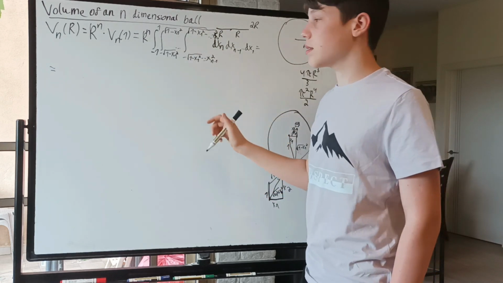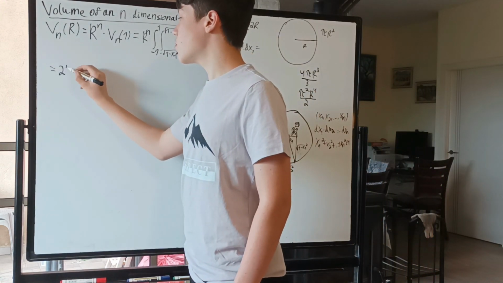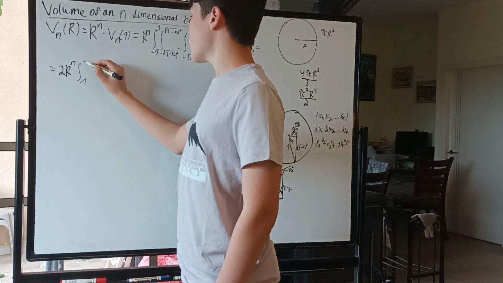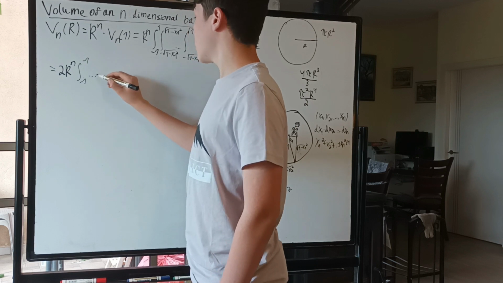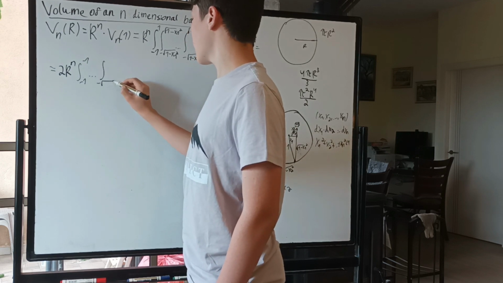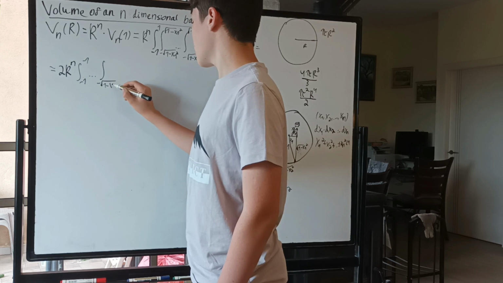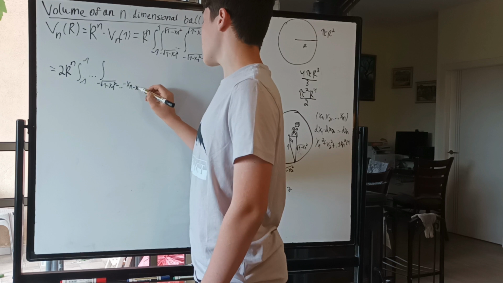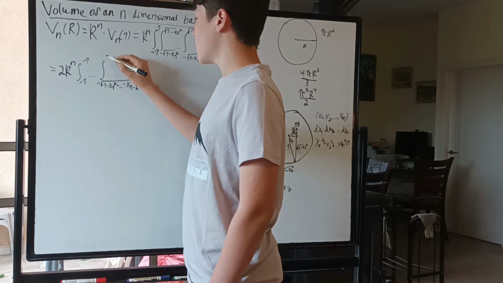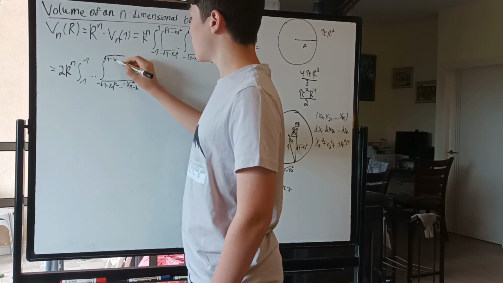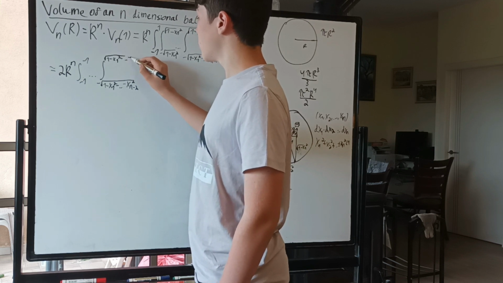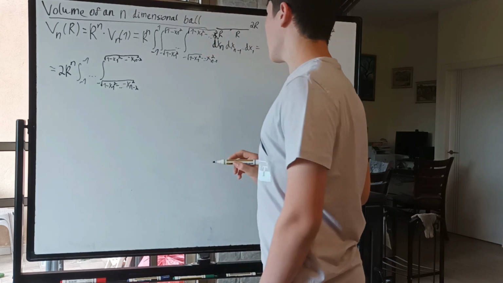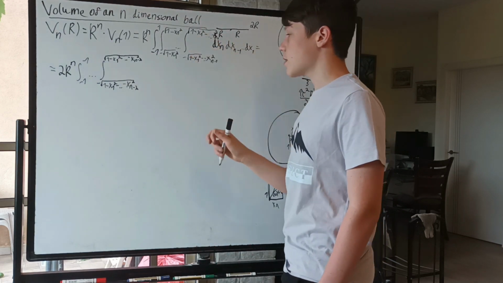So we'll be able to take 2 out, and I'll have 2 r to the n, and then the integral from -1 to 1 up until the integral from negative square root of 1 minus x1 squared up until xn minus 2 squared to the positive of this. And then we're going to have just this square root.